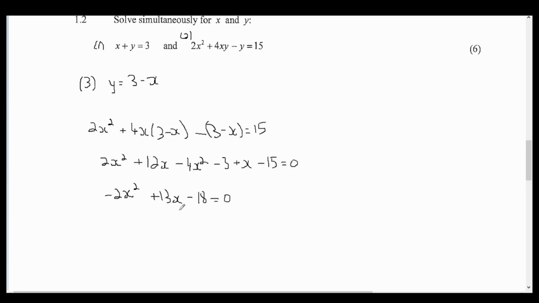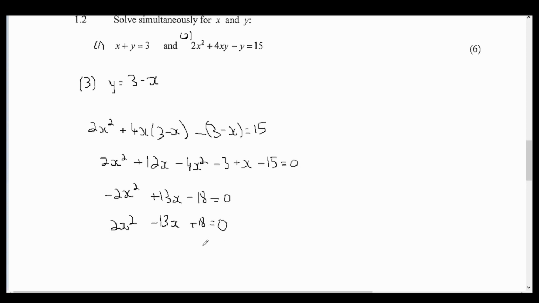You can factorize from here, but of course our x squared is negative, so to help us out a bit, we'll divide the whole thing by minus 1. So this becomes 2x squared minus 13x, because we're dividing by minus 1, and this becomes plus 18 equals 0.